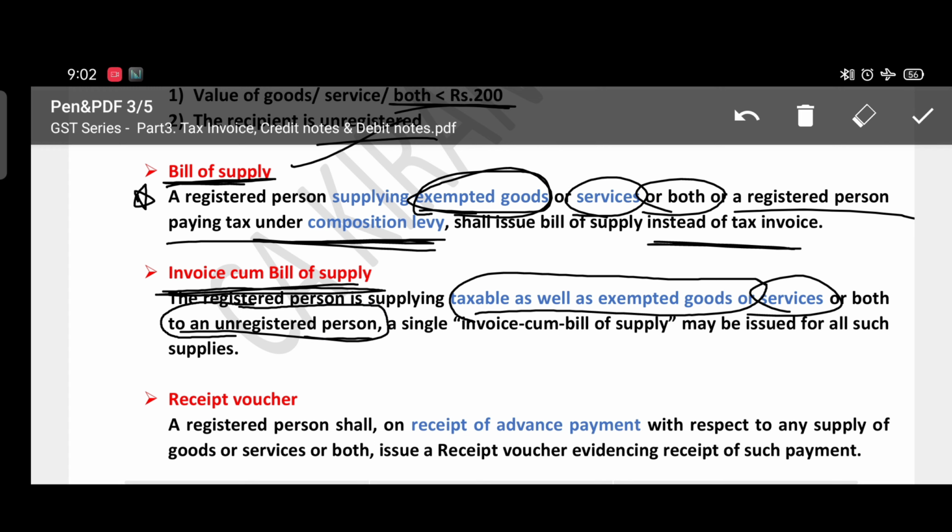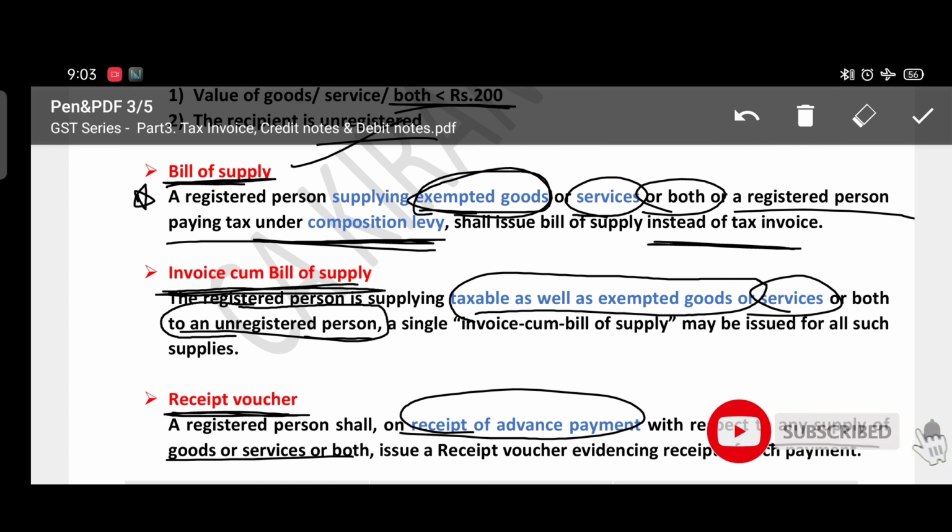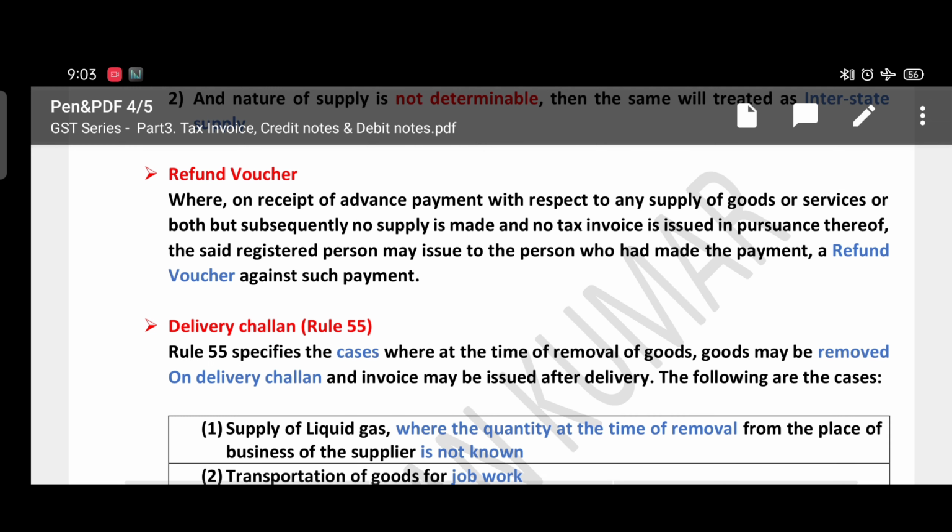And a receipt voucher is issued when the registered person receives an advance payment against his service with respect to any supply of goods or services. He has to issue a receipt voucher against that advance payment. Then we have the refund voucher.